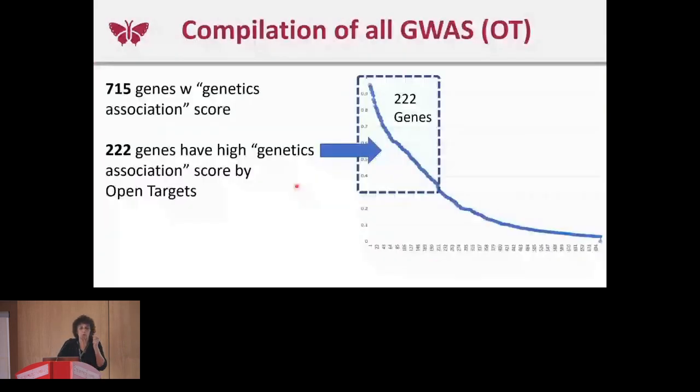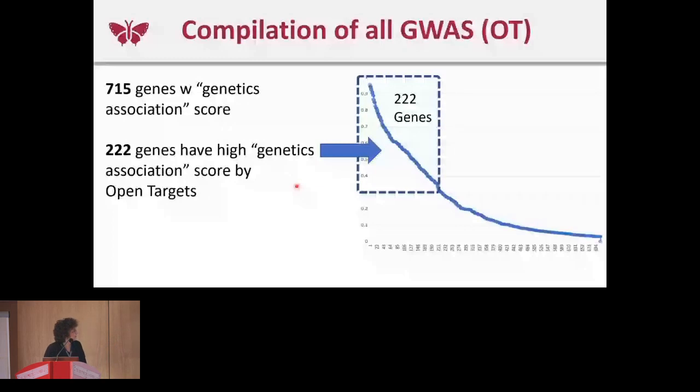So now we said the following. Okay, we have our own toy called PWAS, we are enjoying it. But what about the thousands of GWAS that are around? Maybe we can use them and see something interesting. So we took Open Targets, which is another excellent resource, and we took the top scoring 200, and asked what is the association of these genes.